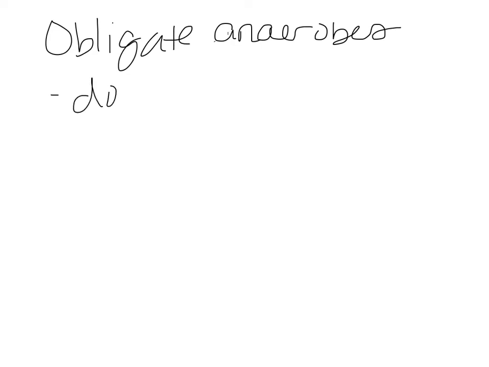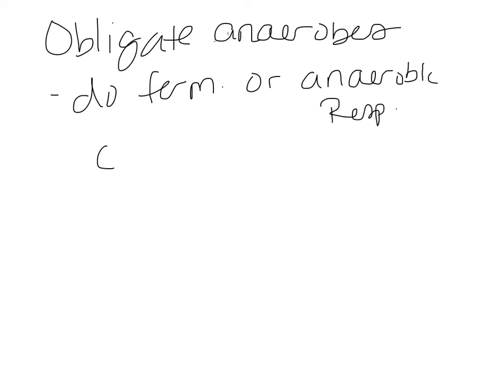Okay, so let's talk about the 2 kinds of anaerobes. You have what's called an obligate anaerobe. Obligate anaerobes do fermentation or anaerobic respiration, and they cannot survive in the presence of O2.